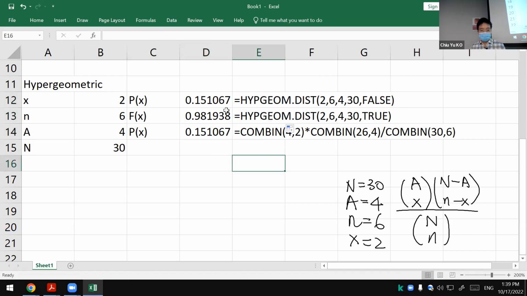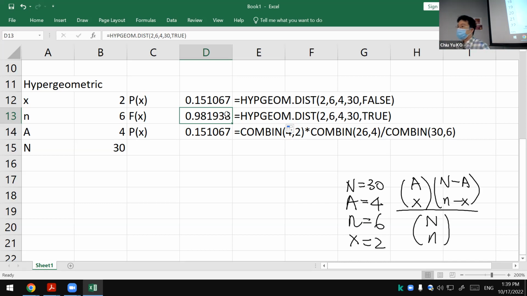Remember what we are doing here: X is how many items, and we want the probability of less than or equal to 2, right? So it's 98%, less than or equal to that. In some sense, if you get 3 items, then it's very unlikely, only 2%.